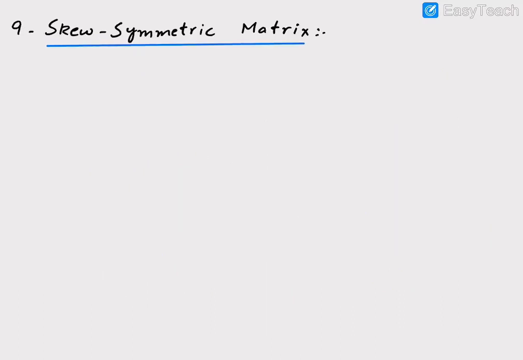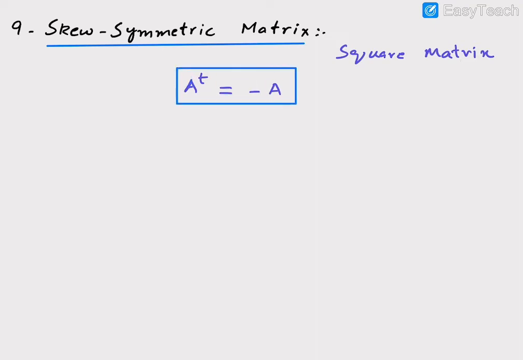Next is the skew symmetric matrix. It must be a square matrix, and the condition is that when you take its transpose, A transpose is equal to minus A. When this condition is satisfied, we say it is a skew symmetric matrix.